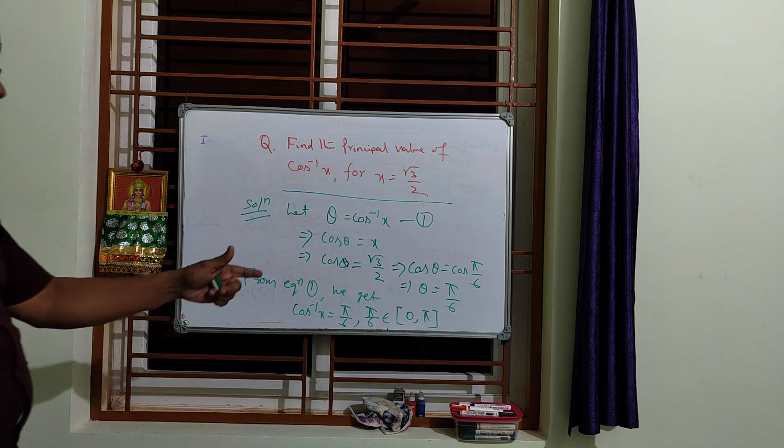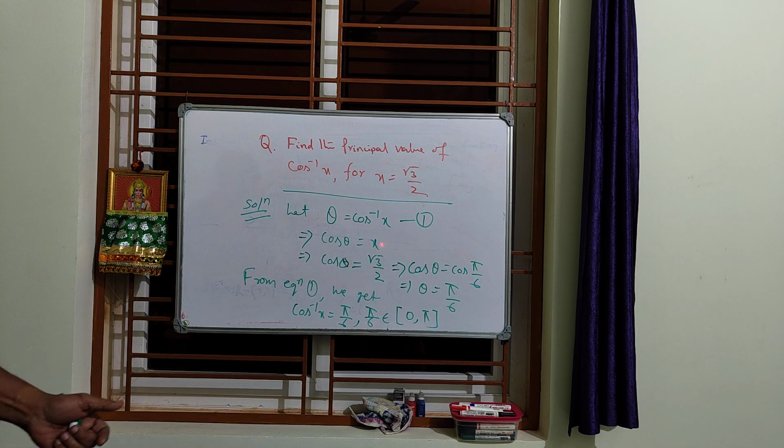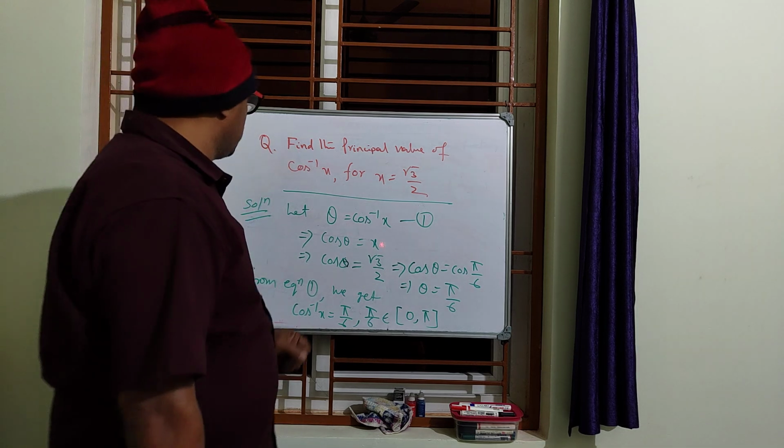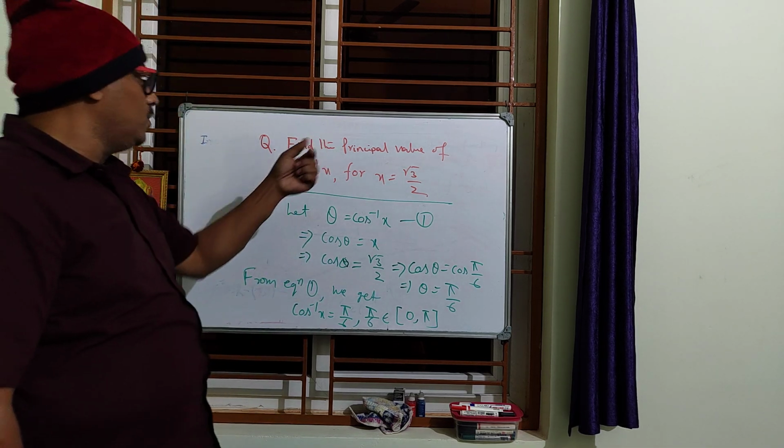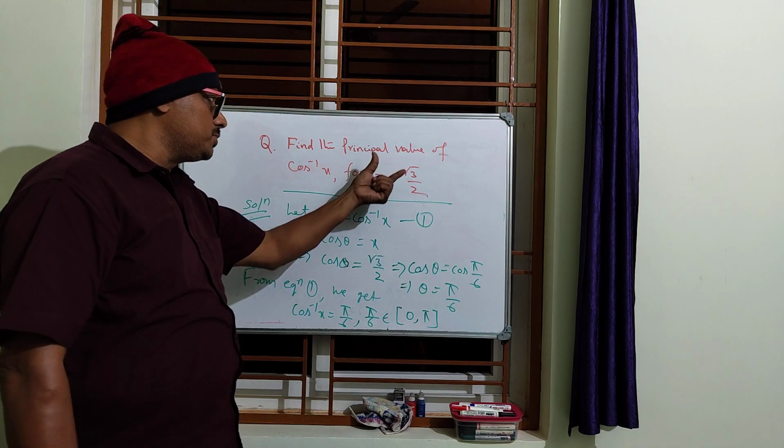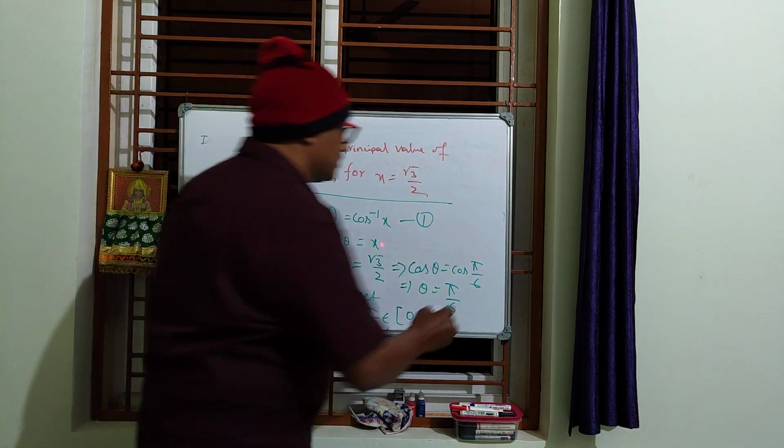So pi by 6 is the answer of the question. The principal value of cos inverse x for x equals root 3 by 2 is pi by 6. This is the answer.